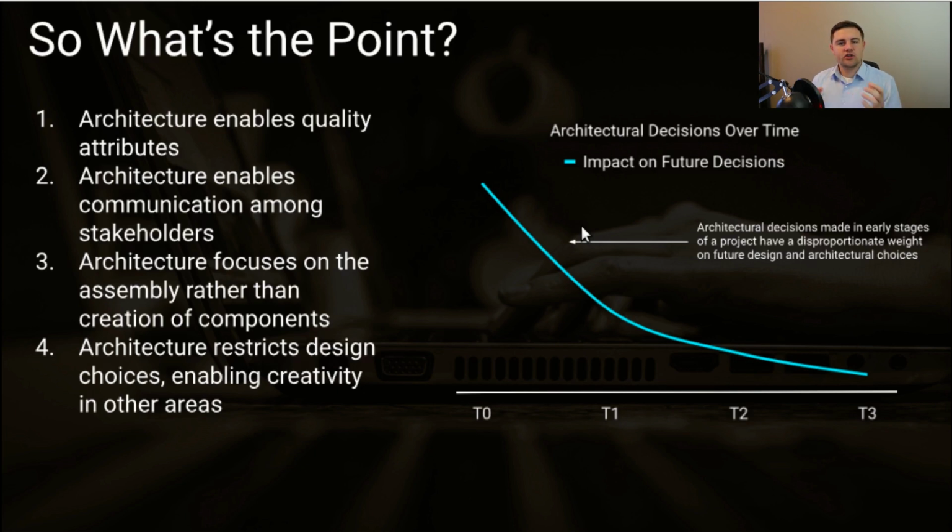So if you know what your boundaries are when building a software system, you also inherently know which areas you can get a little bit more creative with. So I actually find that constraint of the architecture to be a little bit more liberating, in the sense that I can design how I want in other areas.